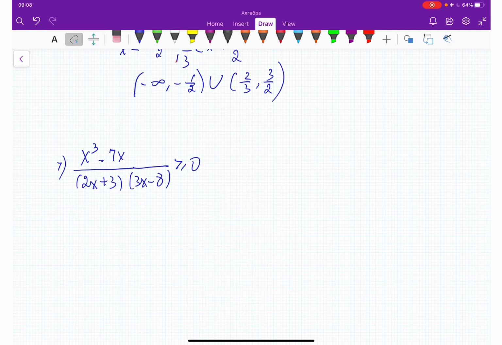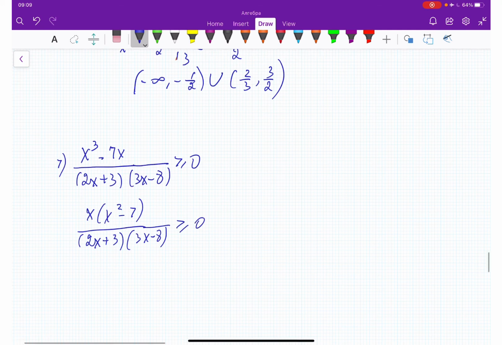So I'm going to take what? x out. x squared minus 7. And here I will get (2x plus 3)(3x minus 8). There is nothing to change here.